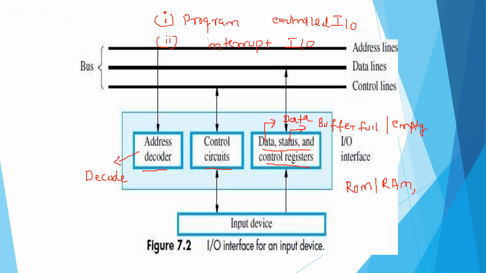And the third mechanism is hardware controlled IO, or direct memory access, DMA, in order to perform the different IO operations for interfacing IO devices.